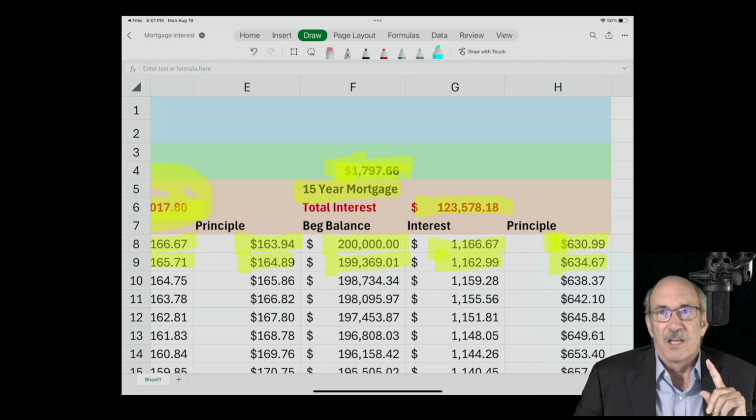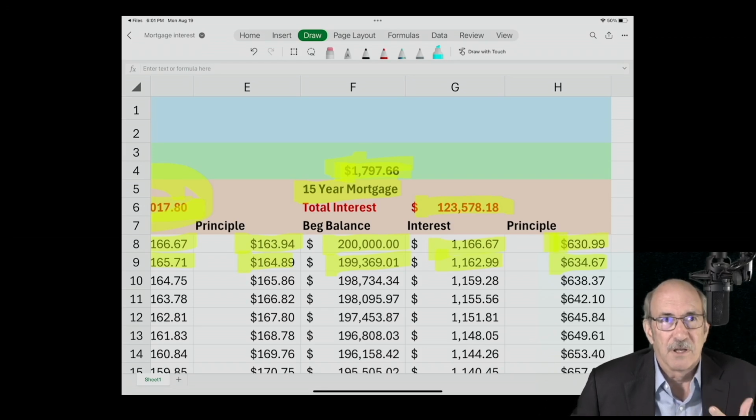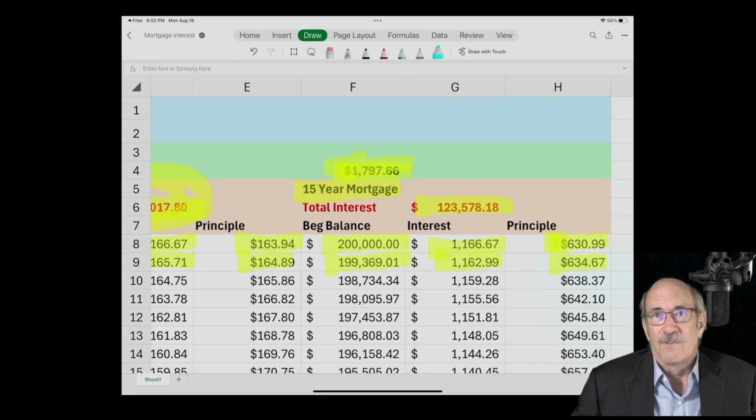But ultimately, if you pay the $1,800, and there should be no additional charge from your bank to do that, there are no longer early or prepayment penalties on mortgages. That got erased, thank goodness. At one point in time that was the case. Now that's not the case. So you can always pay down the loan early with no penalty. But if you pay that $1,800 instead of the $1,330, you will pay off your mortgage in 15 years.